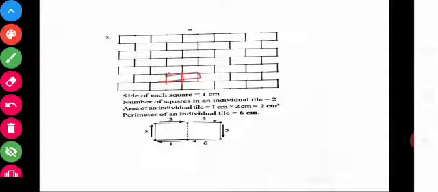So the area of an individual tile is 1 centimeter square times 2, that is 2 centimeter square. The perimeter of an individual tile: count the sides. 1, 2, 3, 4, 5, 6. So the perimeter of an individual tile is equal to 6 centimeter.